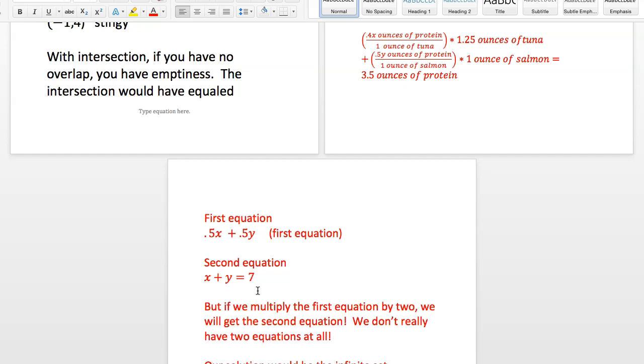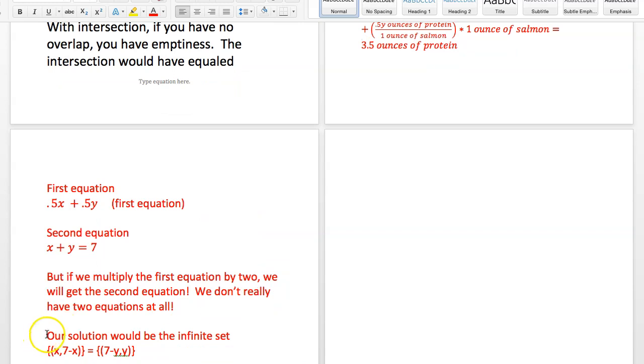Or in terms of y, it would be 7 minus y here, and the y coordinate would be the plane coordinate. So from the last video, but anyway, this is sort of going a bridge too far, but I just wanted you guys to see, this is how you'd write out the infinite set of solutions. And this would be the line y equals 7 minus x.